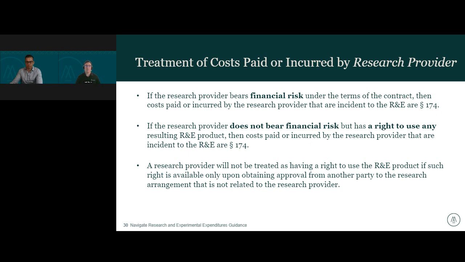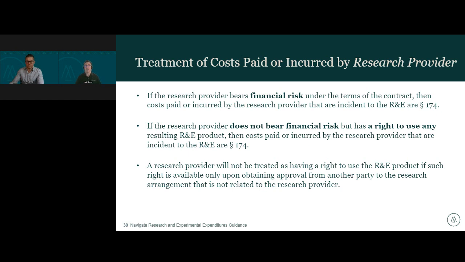If the research provider has both rights and risks, again, still going to be under section 174 for the research provider. The only time the research provider isn't going to treat research expenditures as section 174 is if the research provider is not at risk and has no rights. In this case, the expenditures may be treated otherwise, likely under section 162 or another code section.